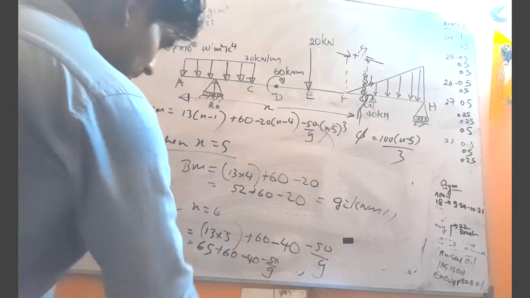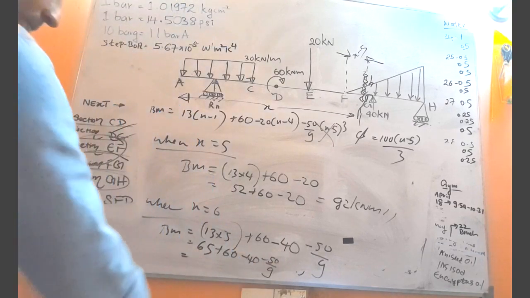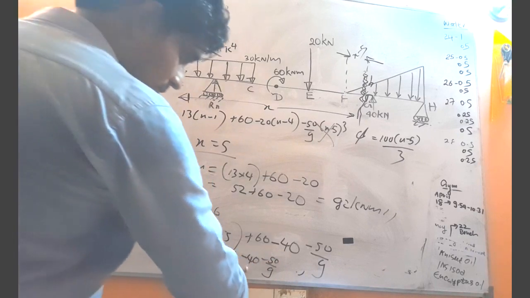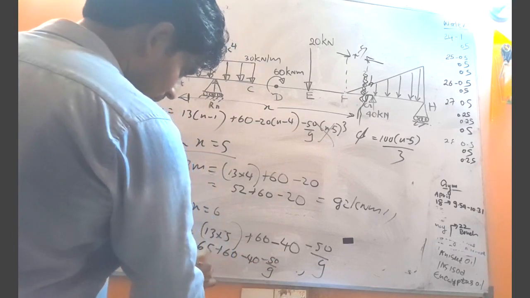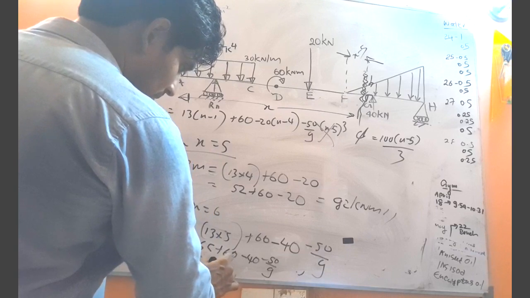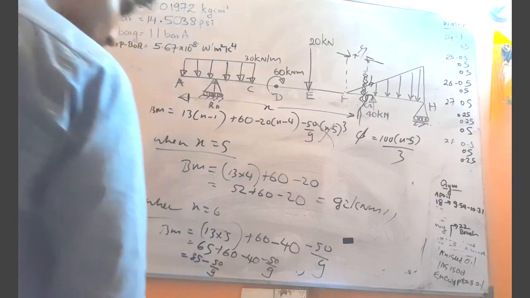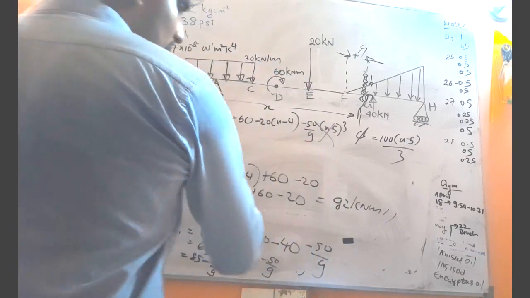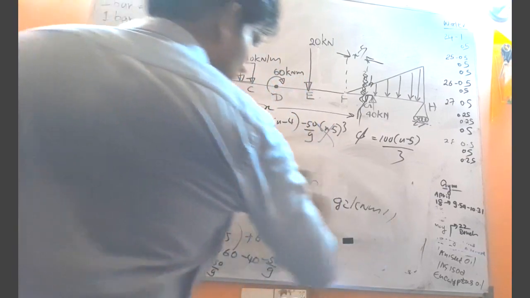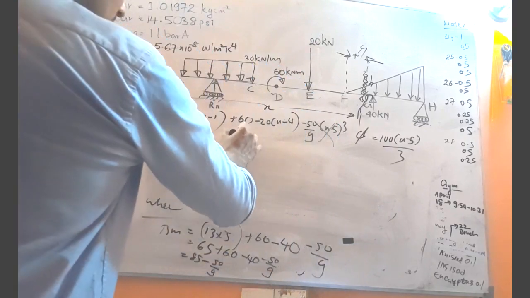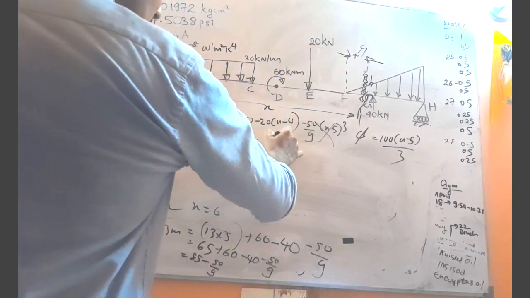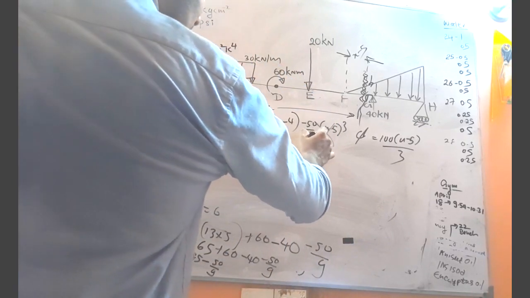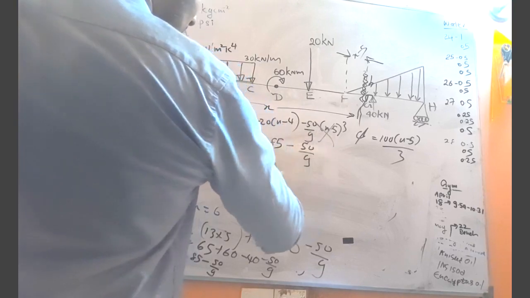How to simplify? 60 minus 40 is 20, so 85. 85 minus 50 divided by 9. So how to simplify that? Okay, I will go here. Bending moment equals 85 minus 50 divided by 9.